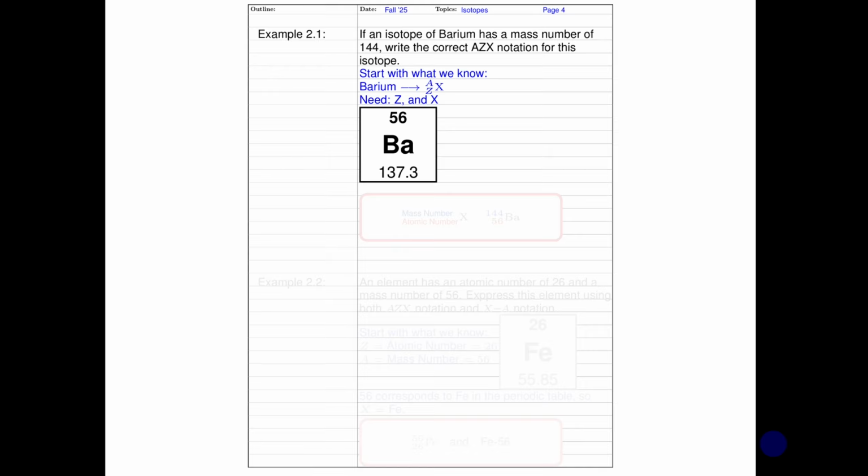Once we have the correct chemical symbol, then we can use the periodic table to identify the atomic number. Here, the atomic number is 56, and now we have all the information we need to represent barium-144 in AZX notation.